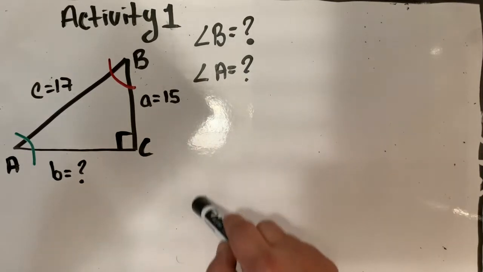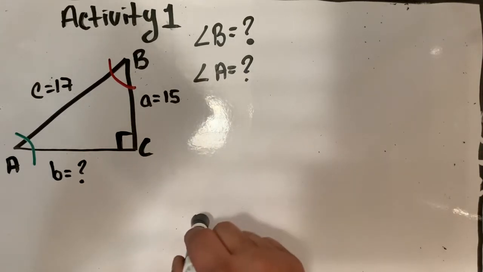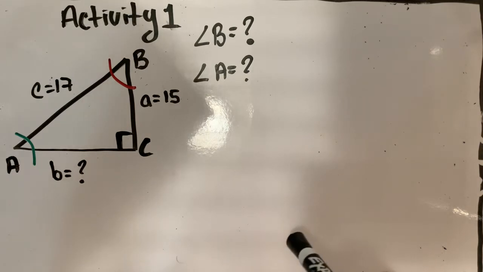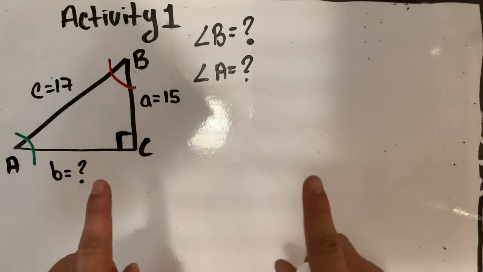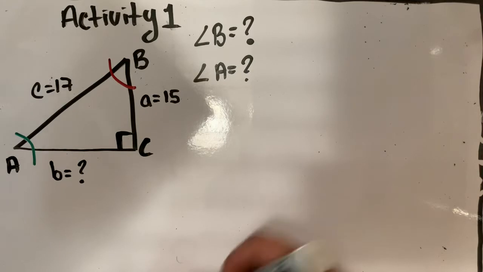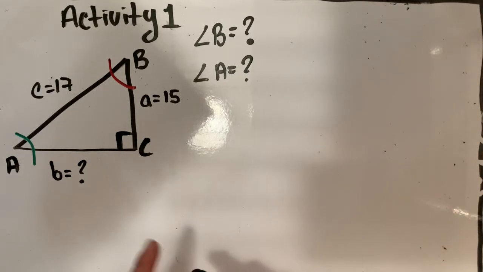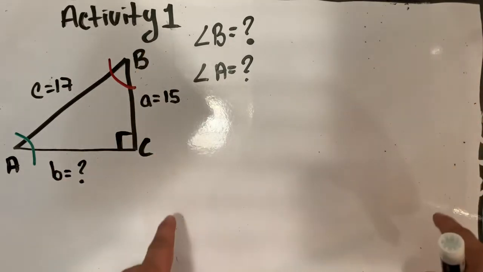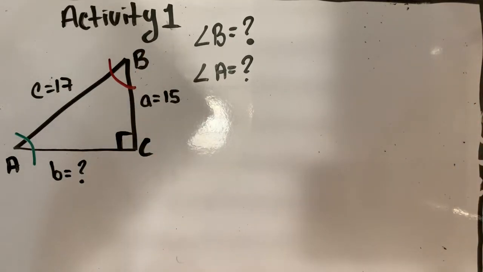Using the Pythagorean theorem, that is a squared plus b squared is equal to c squared. So pause this video right now, try to do it by yourself at home, and then when you finish, you can continue watching this video because I'm going to write the answers right here. Ready? Okay, so pause the video right now.